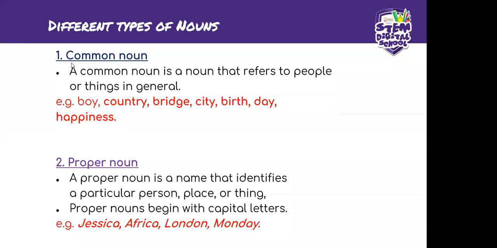Okay, let's continue. Number two is proper noun. A proper noun is a name or a noun that identifies a particular person, place, or thing. Let me read that again.